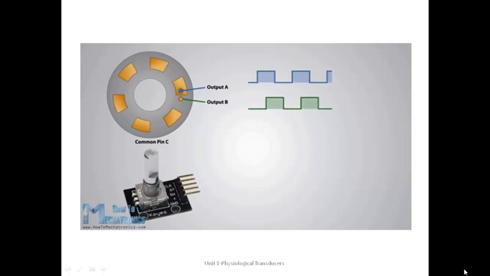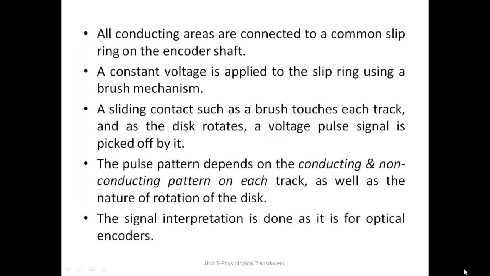Had it been an anti-clockwise movement, the green pin would have come in contact with the conducting material first, and the green pin would have started giving the output before the blue pin. Okay, so this is helping in making directional sensitive encoders. So all the conducting areas are connected to a common slip ring.